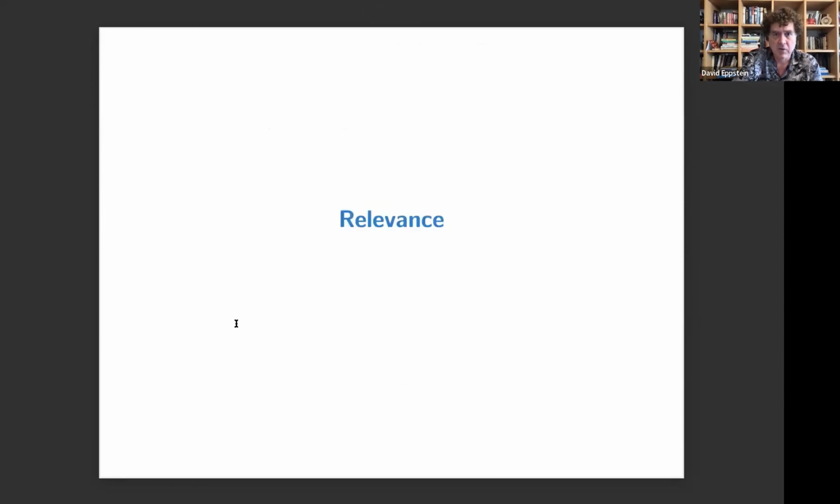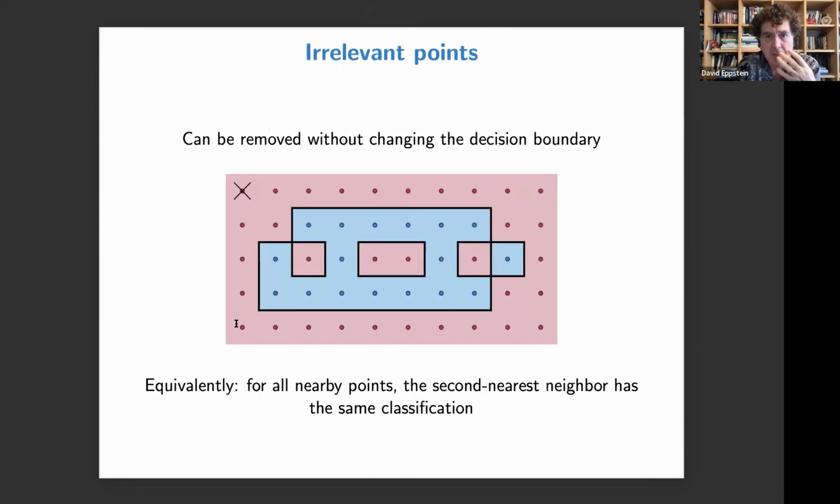So the way I'm going to do this is through a notion of the relevant points of a data set. A point is irrelevant, like this X'd out red point in the corner here, if it's a point that can be removed without changing any of the decision boundaries.